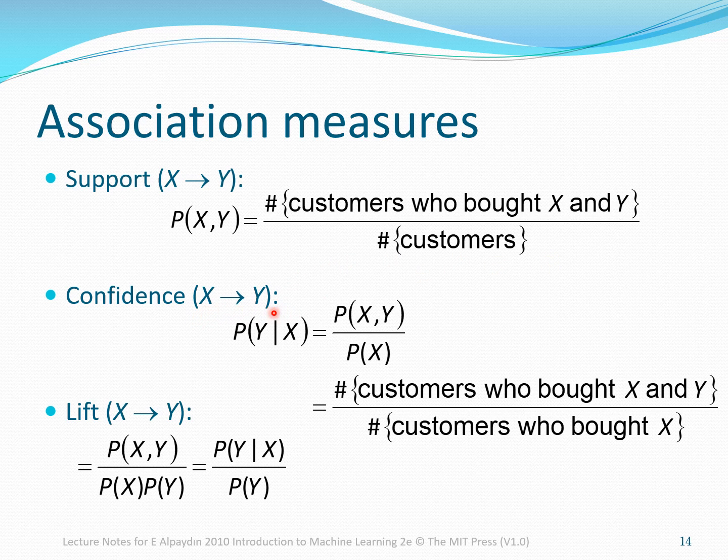Confidence of X tends to Y is the probability of Y given X, equal to probability of X comma Y divided by probability of X, equal to the number of customers who bought X and Y divided by the number of customers who bought X. Lift of X tends to Y equals P of X comma Y divided by P of X multiplied by P of Y, which gives P of Y given X divided by P of Y.